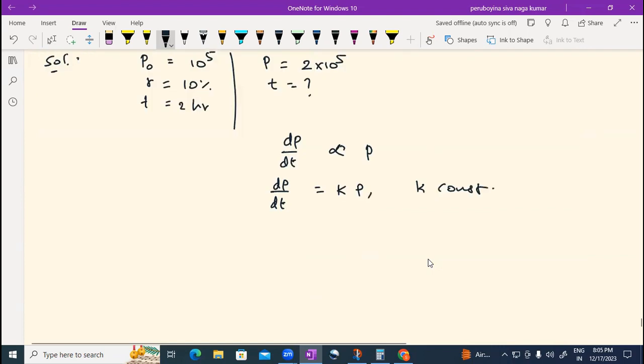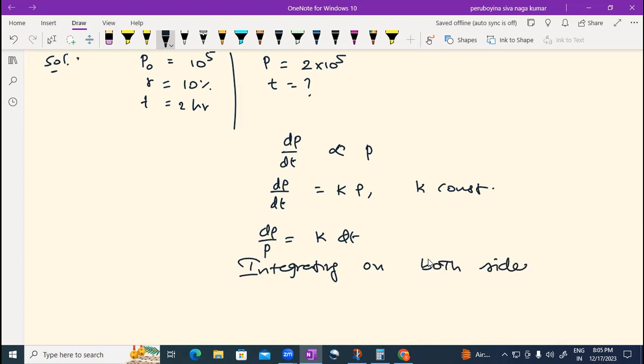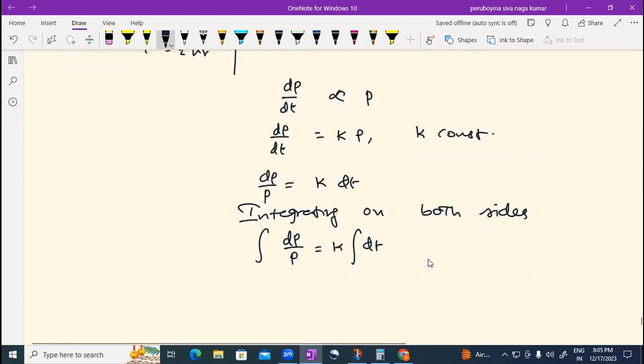Let us solve this equation. So dP by P is equal to K into dt. So integrating on both sides. So integral dP by P is equal to K into integral dt. So what is this value?